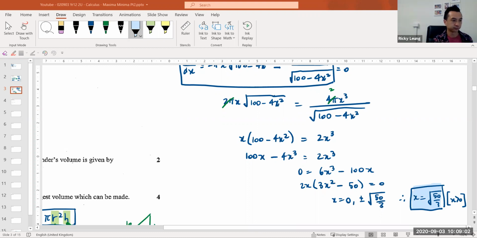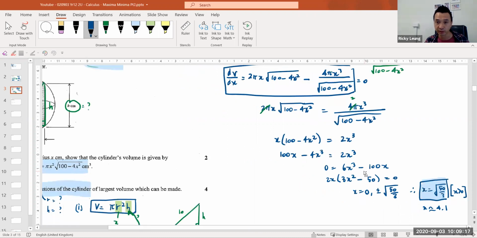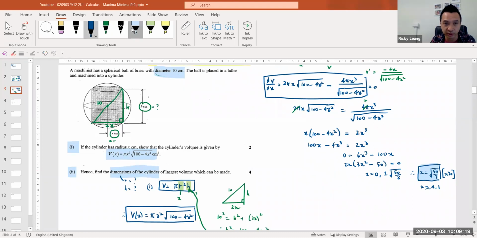So x is approximately 4.1 to 1 dp. And I'm going to use that to test for maximum. I'm not going to use the second derivative because look at this monster here. If I wanted to differentiate this again, it might take me a while because it looks like a product rule, quotient rule. Bit nasty. So instead, I'm just going to use a table method on this guy.